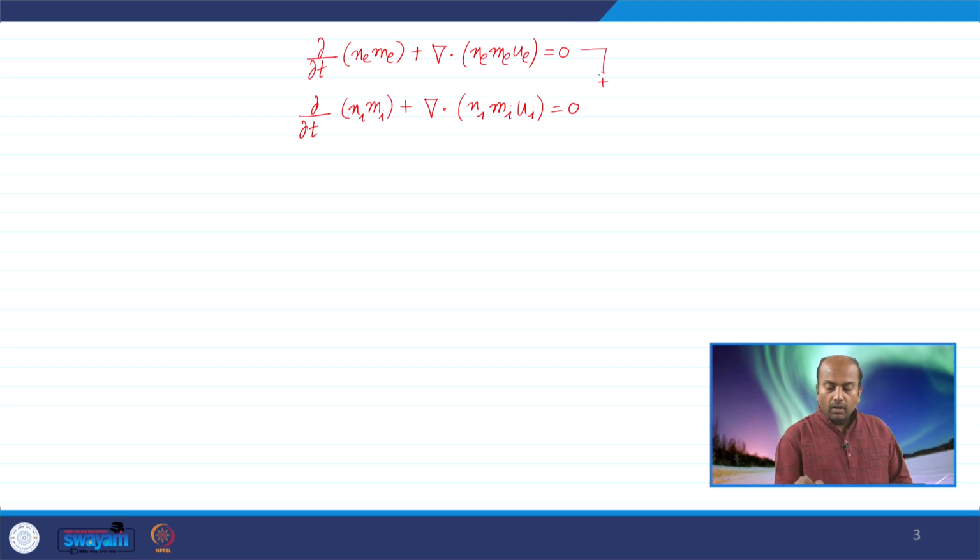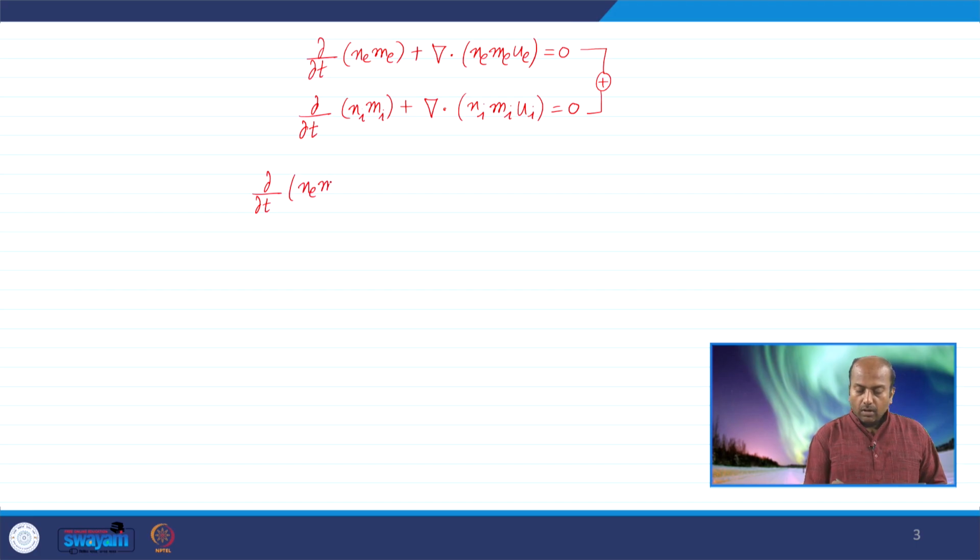We add these two equations and write it as dou over dou t of NeMe plus NiMi, plus del dot, is equal to 0.